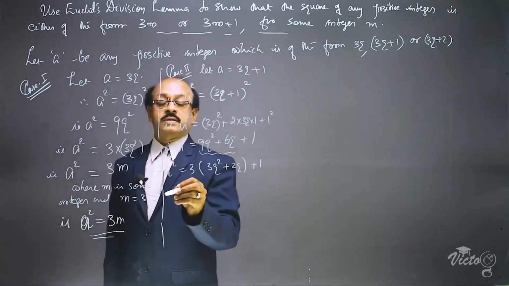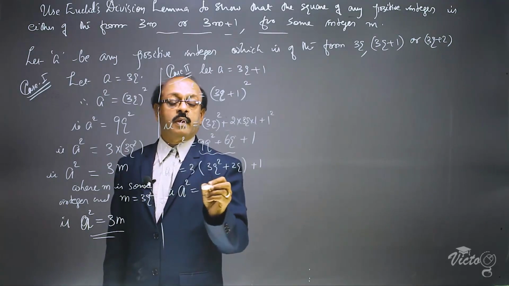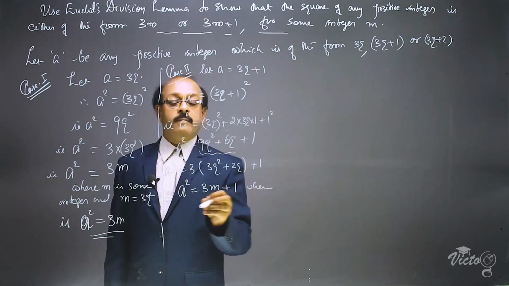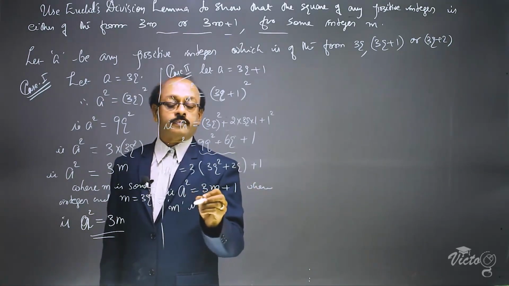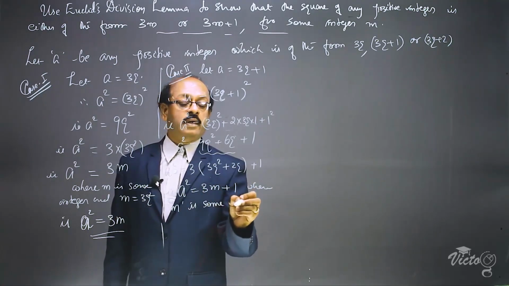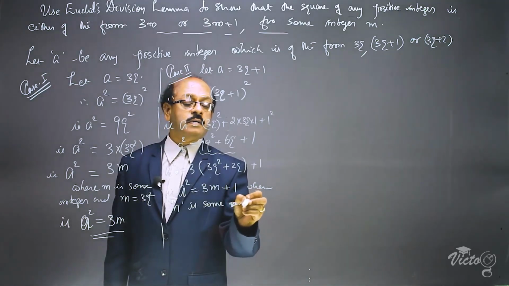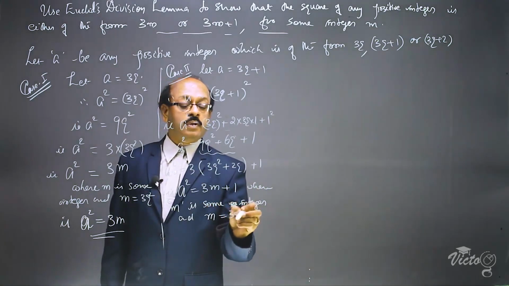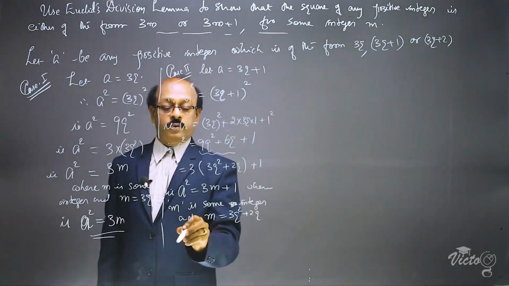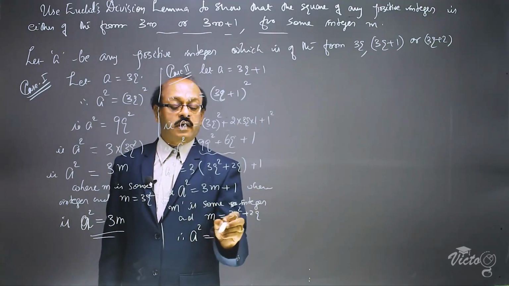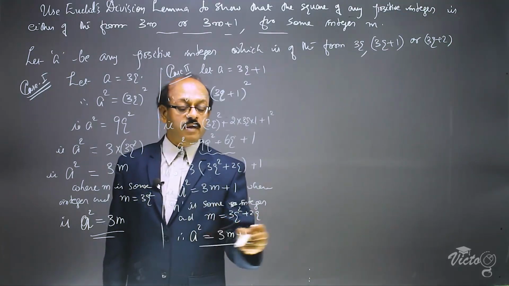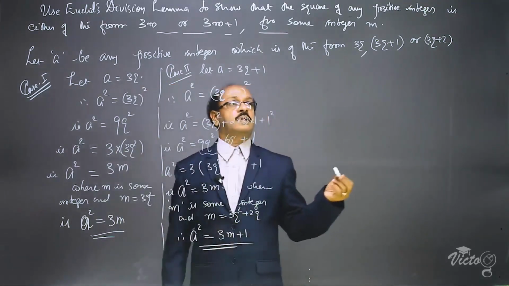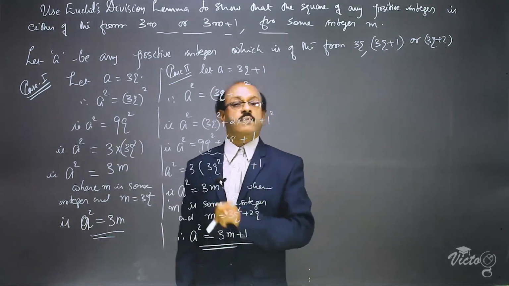That is, a square is equal to 3m plus 1, where m is some integer and m is equal to 3q square plus 2q. Therefore, here also we are getting a square to be 3m plus 1. That is, we have proved the second result: the square of any positive integer is of the form 3m plus 1.